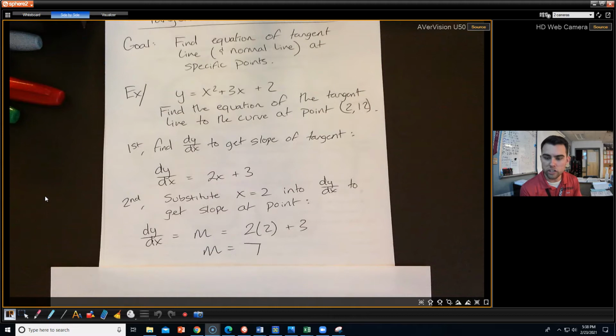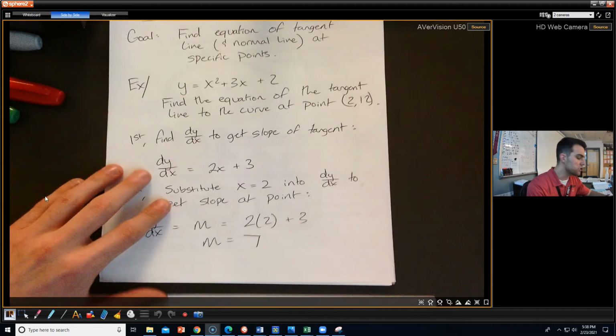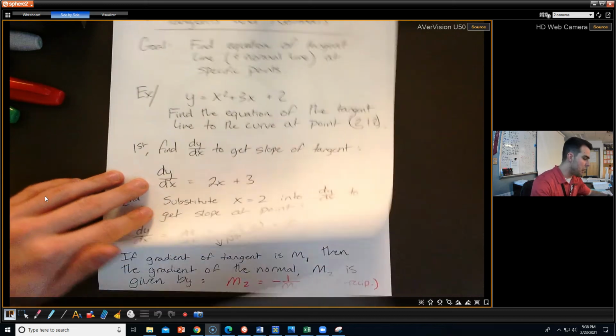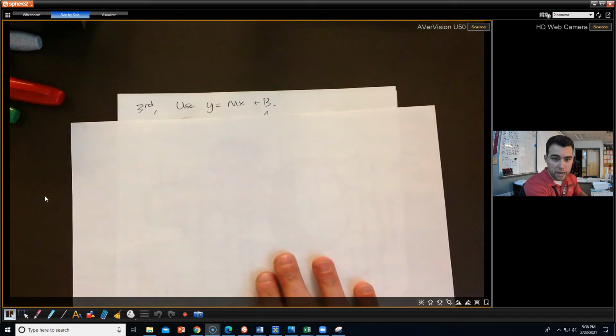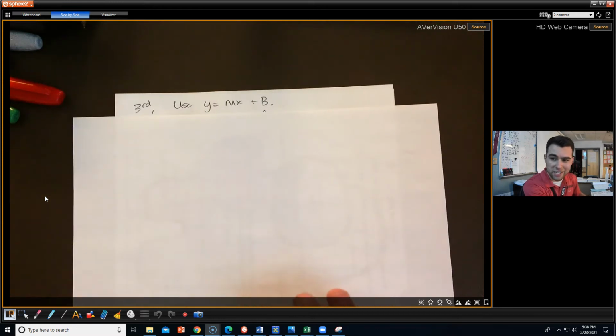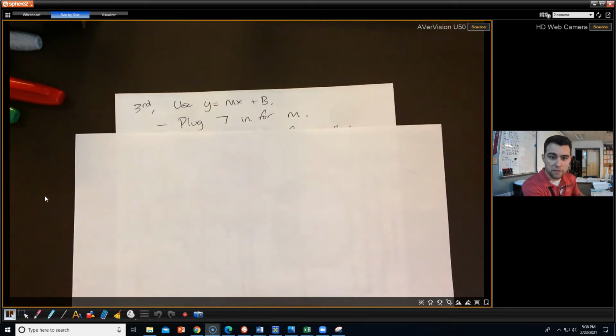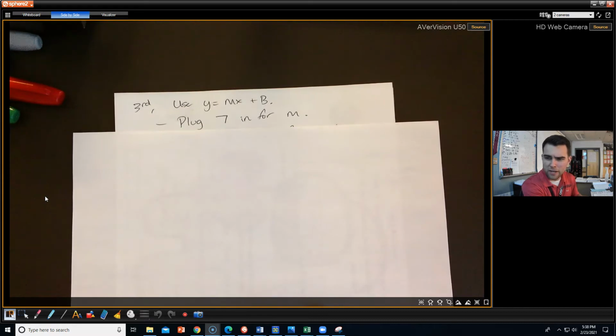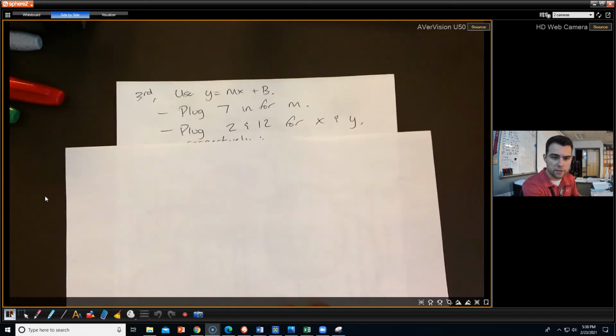But I want the equation of the line. So if I want an equation of a line, I've got to rely on using y equals mx plus b. And that's exactly what I'm going to use. Now, I know m is my slope, so I'm going to substitute my slope in for m right there. And I'm going to go ahead and find b. I've got to find that equation right there, okay?